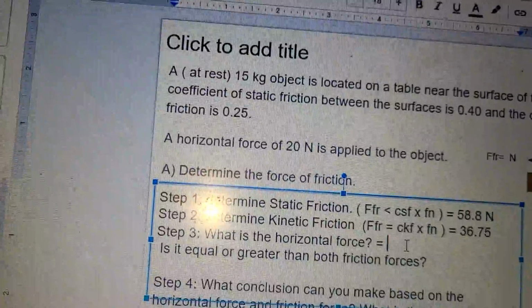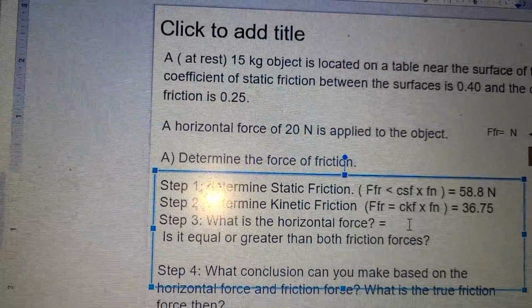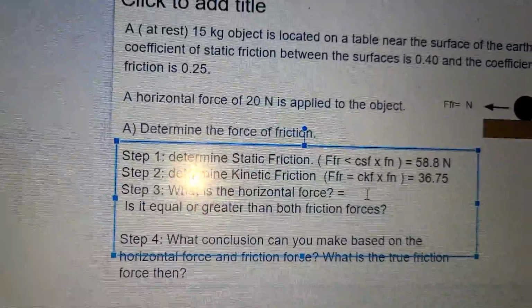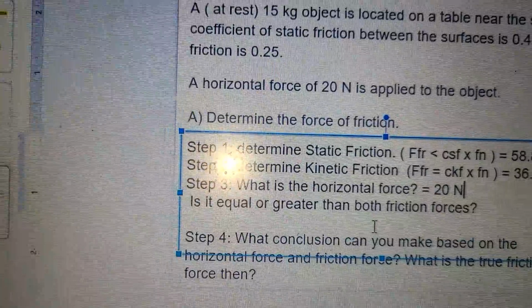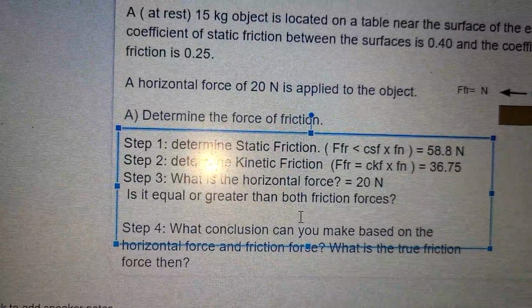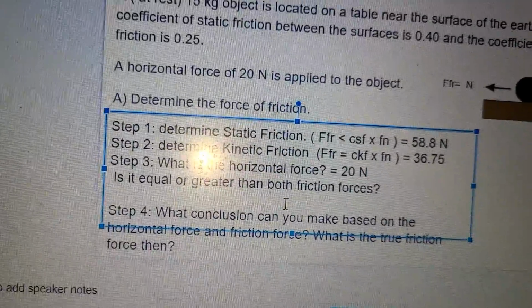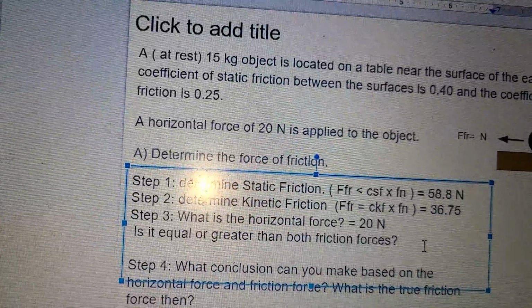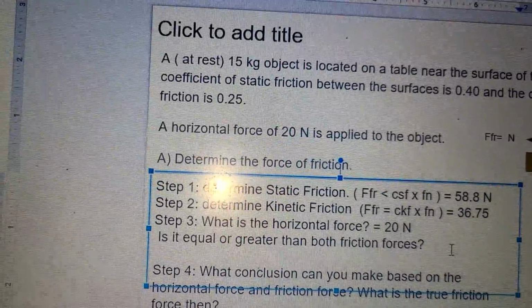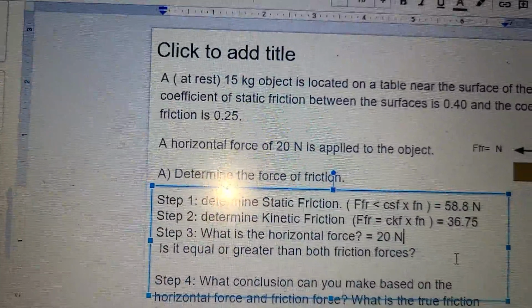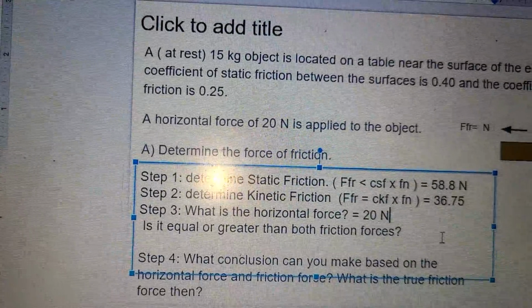So, what is the horizontal force being applied then? Look at it. So if the force being applied is 20 Newtons, is it equal or greater than both forces? Greater. 20 Newtons is equal and or greater than both friction forces.